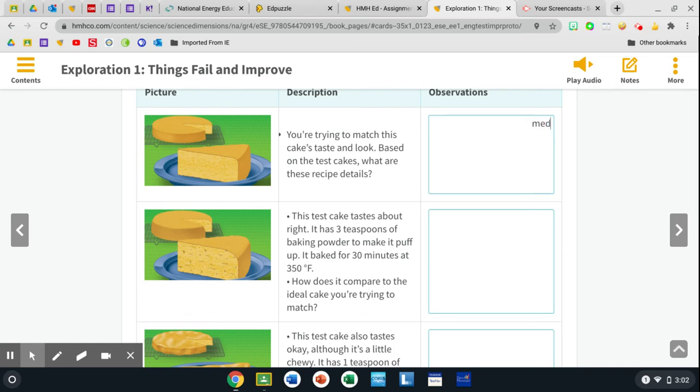I'm just going to type in it, medium height, it has little tiny holes inside of it. If you look, those are teeny tiny compared to those. So tiny holes. It's not too brown.